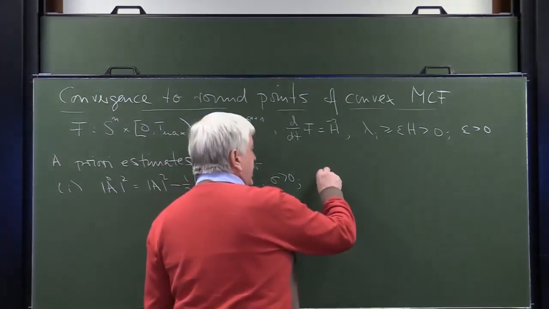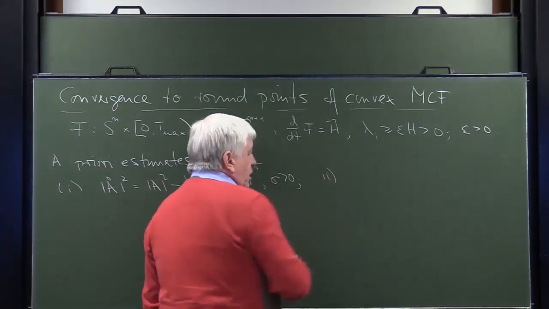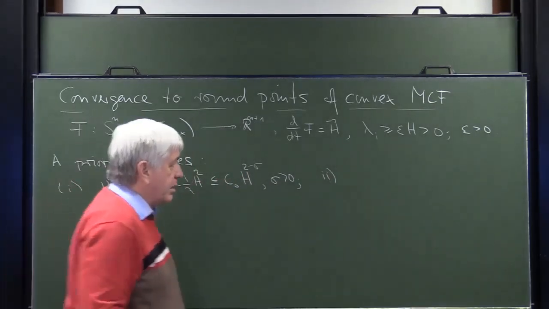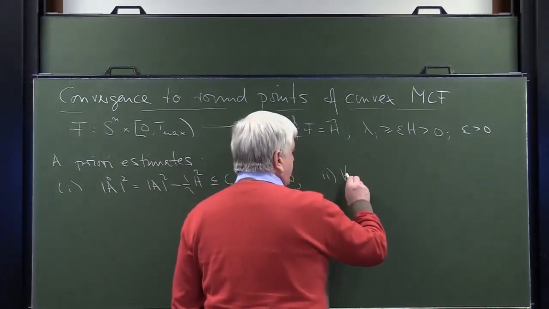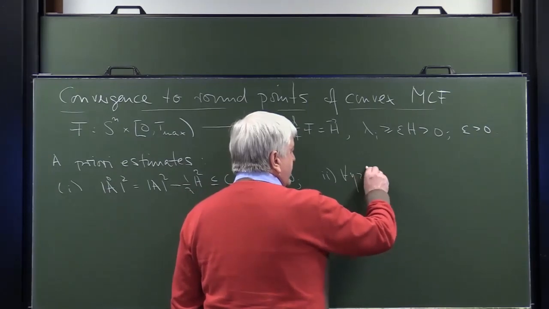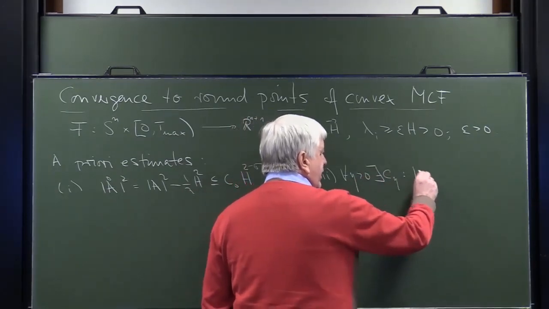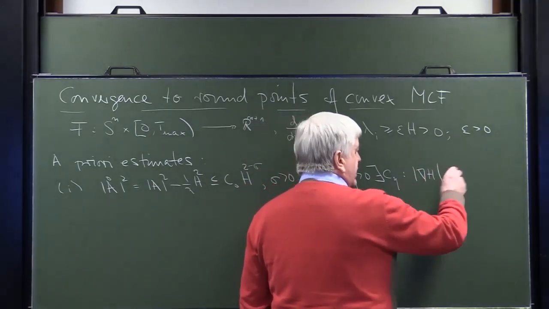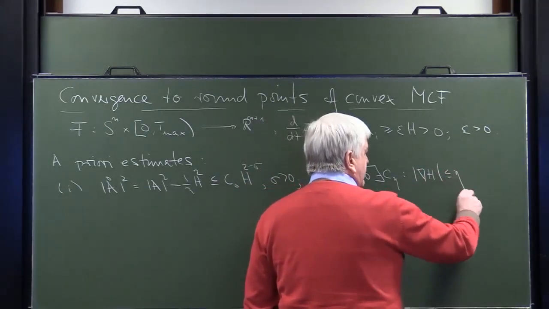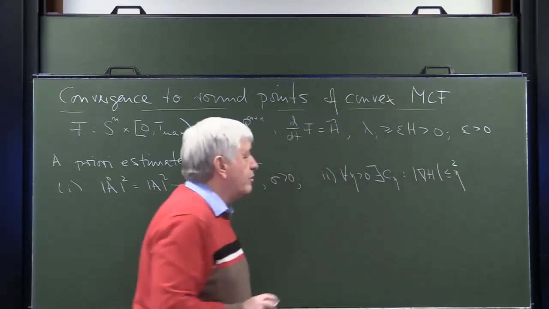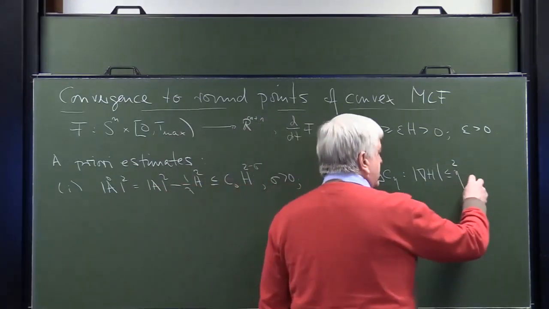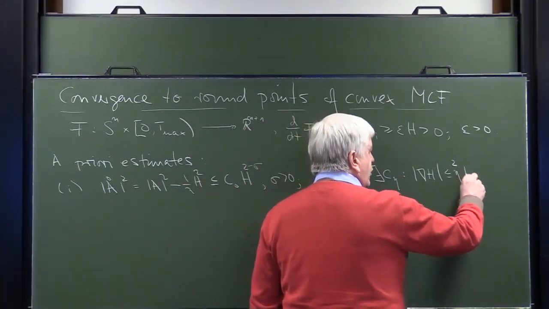And then secondly, we had used this estimate to get a gradient estimate on the mean curvature. We showed that for any eta, we can find a C eta such that the gradient can be estimated. Let me write this for the next step.